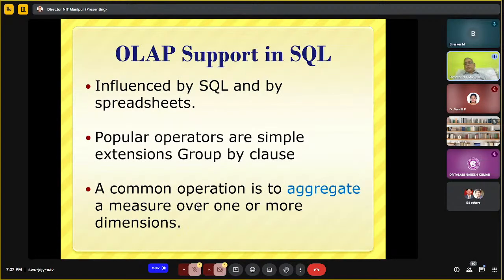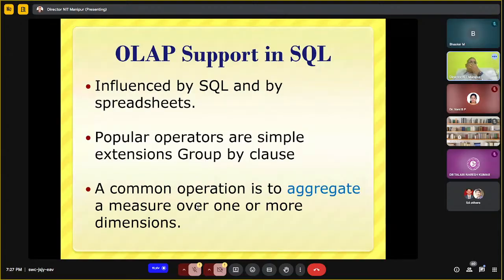Then what is the support? Support is given, a little bit of support is there in SQL. You all know spreadsheets. Simply, I will explain. You are all familiar with spreadsheets. You know how to enter data in spreadsheet columns, and then how to do summaries, like sum, average, max, minimum, etc., formula based.